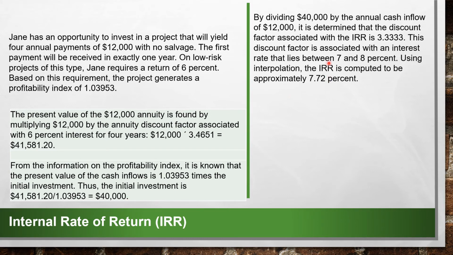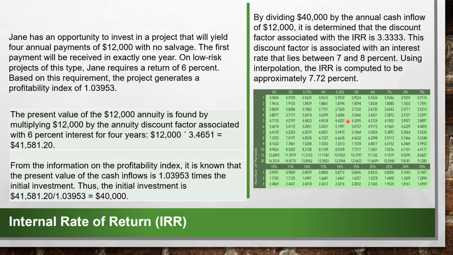If we divide 40,000 by the annual cash inflow of 12,000, we have the discount factor associated with the IRR, and that is 3.3333. This discount factor is associated with an interest rate found in the table. So 3.33 is in between here.